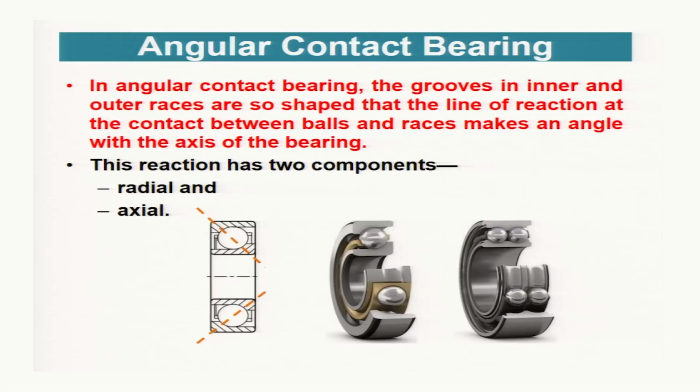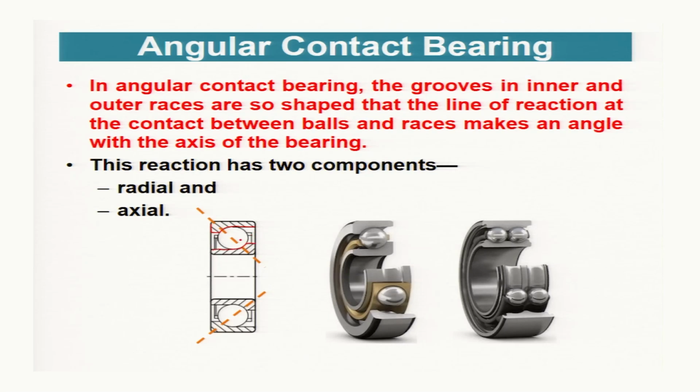Now the angular contact bearing. In angular contact bearing, the grooves in inner and outer race, you see, the groove which is made in the outer race, this is the groove. This is the groove in the inner race.